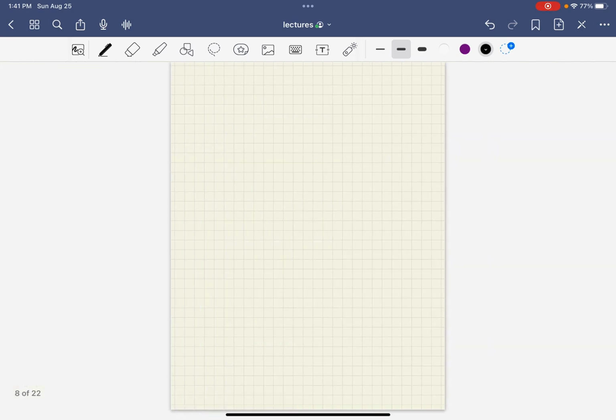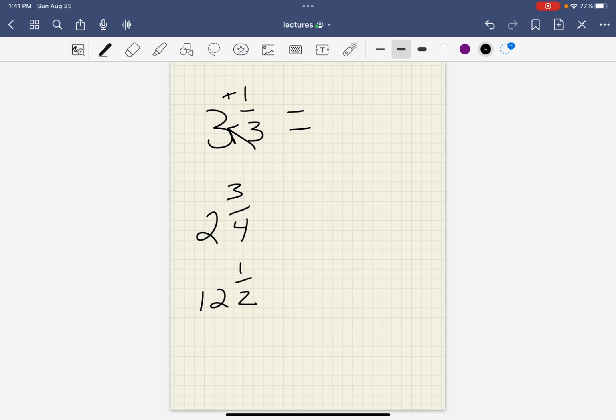All right, now the next one is doing the opposite of what we've been doing. It says write each mixed number as an improper fraction. Okay, it's a pretty simple process. You multiply the denominator times the whole number and then add the numerator. So 3 times 3 is 9, plus 1 is 10, and the denominator stays the same.